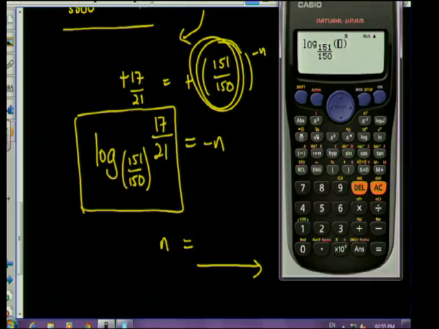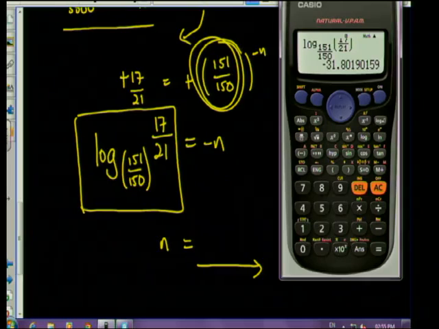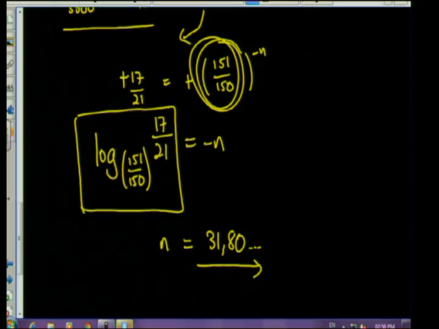That was just the base part, and again I need a fraction, and that'll be 17 all over 21. Press equals. Don't panic. We wanted it to be negative because it was negative n is equal to this. So then I can go and solve, and I can say n is 31.80, blah, blah, blah. Now let's go and interpret what that means.